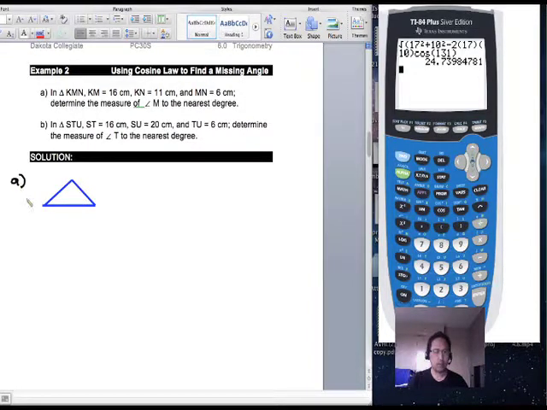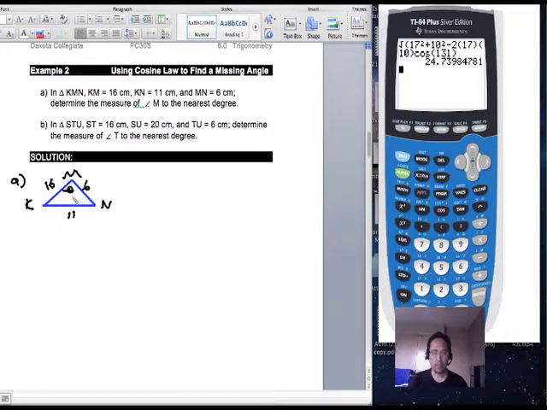So I just went K, M, oops, and N. And we know that KM is equal to 16, and KN is equal to 11, and MN is equal to 6. Find the measure of angle M to the nearest degree, so we're looking for this one.